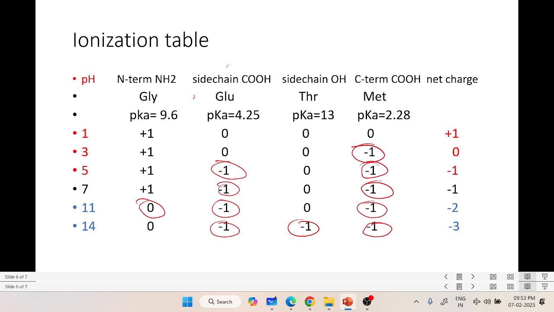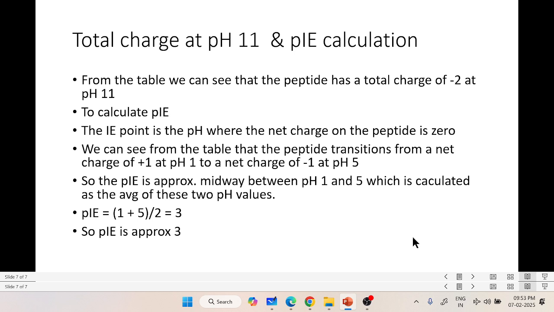And at pH 14, even the weak acid alcoholic threonine group also loses the proton, and the total charge becomes -3. So from this table we can see that the charge of the pentapeptide at pH 11 is -2.